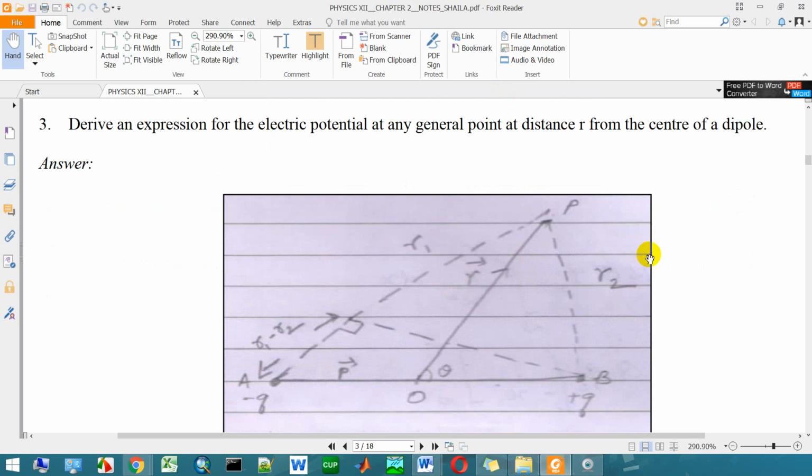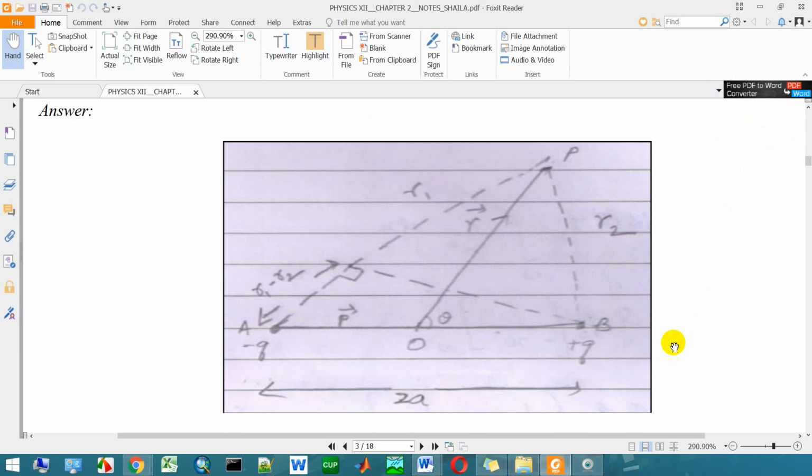Next, the third question is how to find electric potential at any general point at distance r from the center of a dipole. Now, what is this electric dipole? Already we have learned in the first chapter.